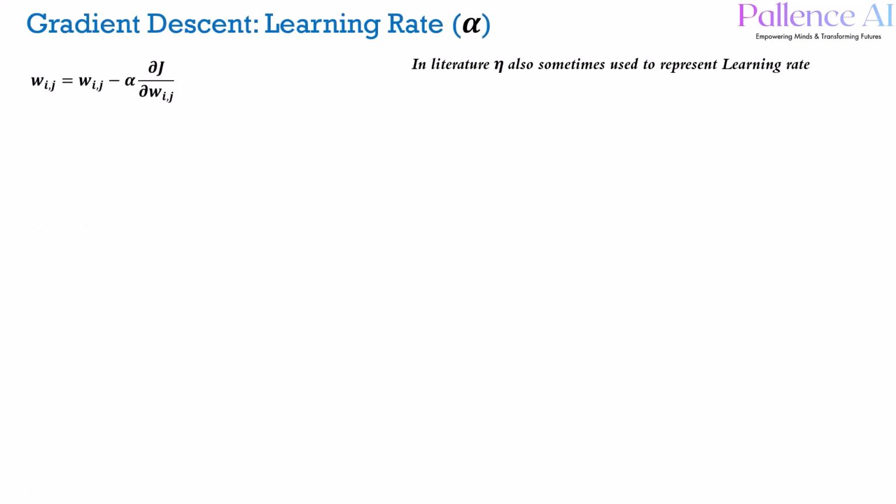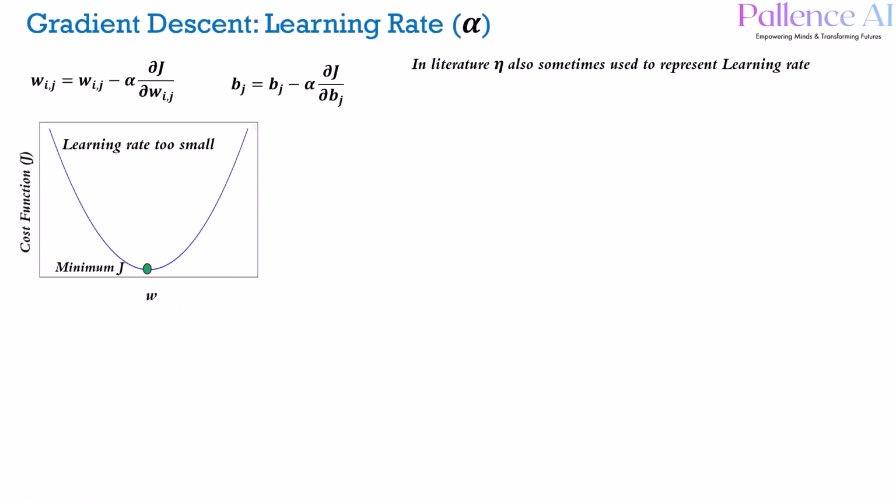These are the equations we use for the gradient descent method. Let's look at the situation where the learning rate is too small. What happens? Again, this is our cost function, plotted with respect to just one parameter w so that we can understand the concepts here.